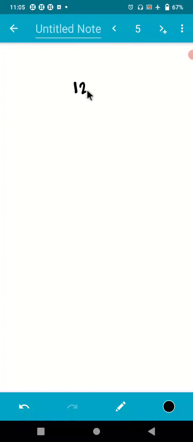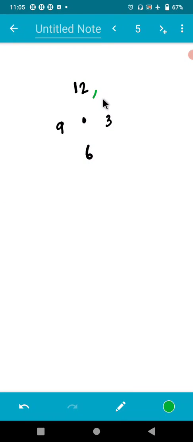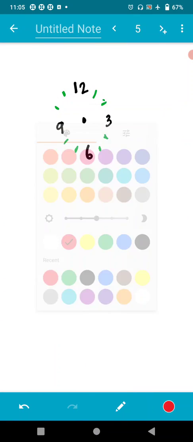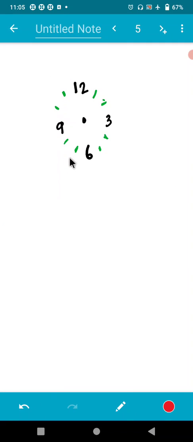Now consider this as a watch. So this is 1, this is 2, 4, 5, 7, 8, 10 and 11. Now initially our hand is facing 7, isn't it? Now let us write 7 here.